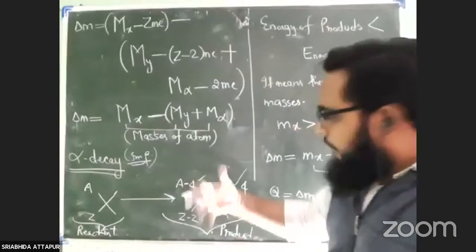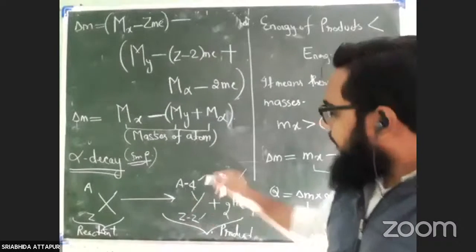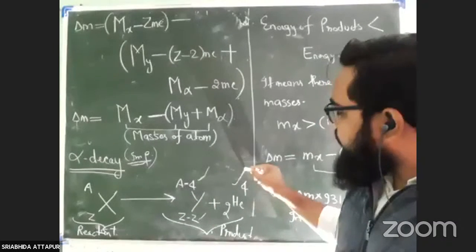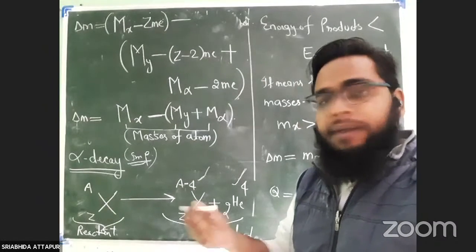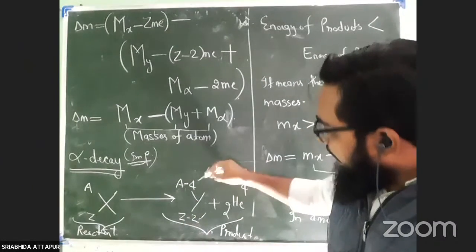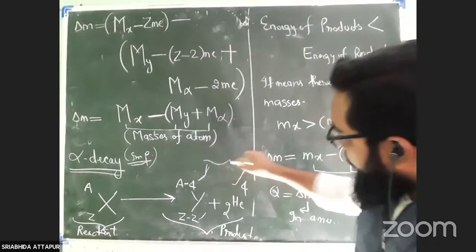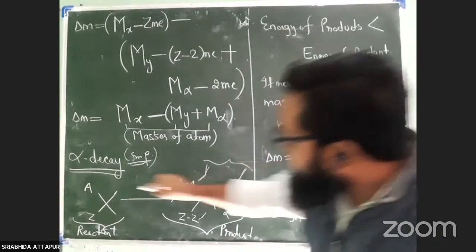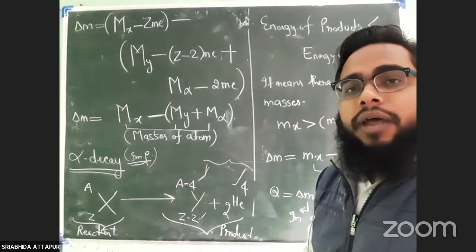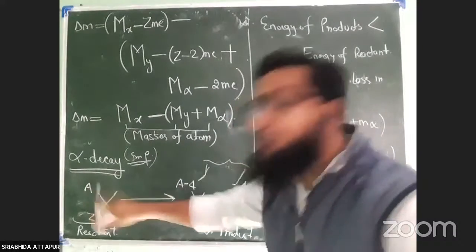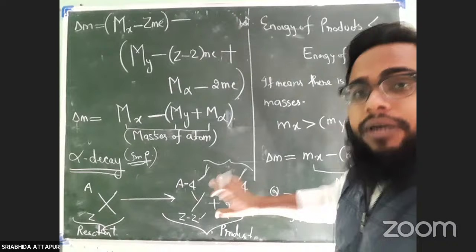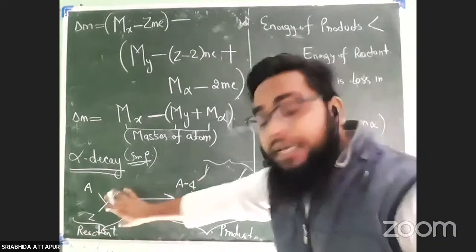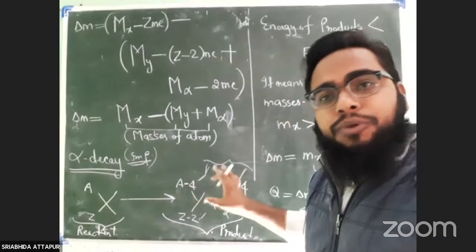Practically we found that the mass of this one and the masses of these are not equal. We found that the energy of the reactant is more as compared to the energy of the product.